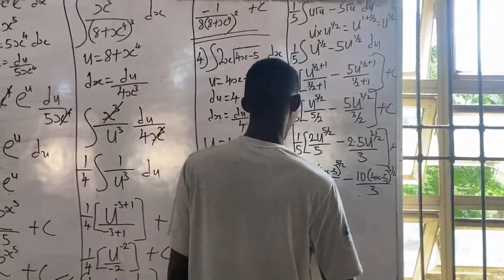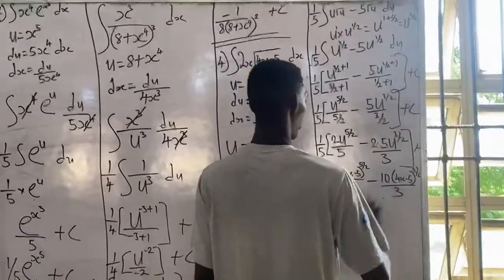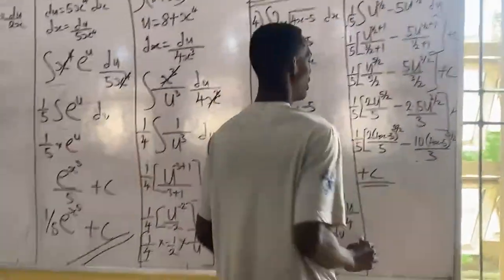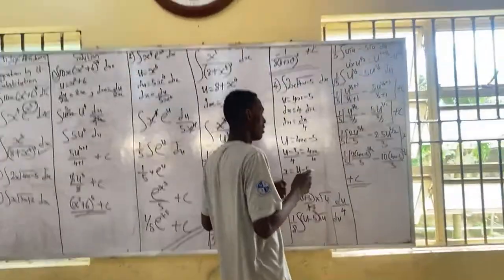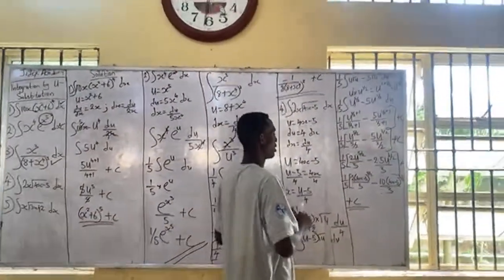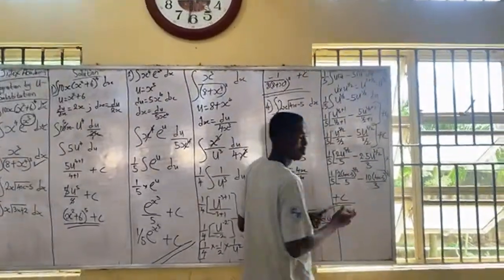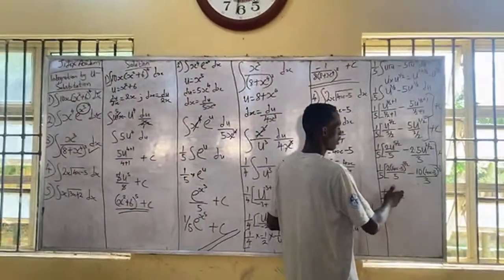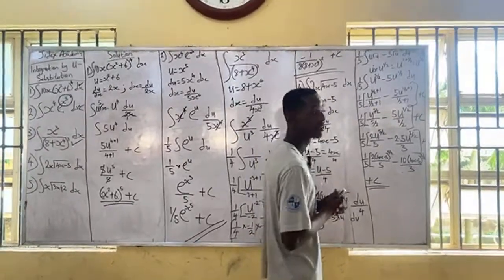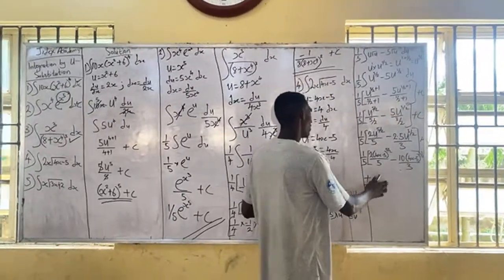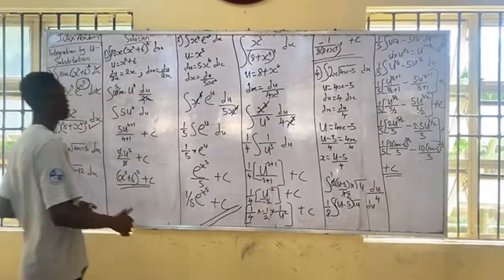Then you now add plus c. Then you can call this our final answer, with the exception that if you want to expand, the choice is yours. So we can leave our answer like this. Don't forget to always add your constant because we are still under indefinite integral. So this is the solution to the answer for this.